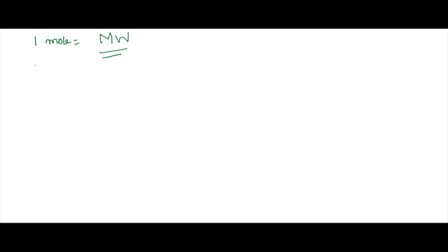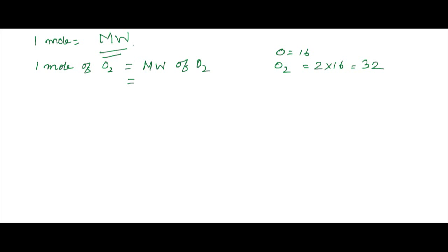Suppose it is said 1 mole of O2. It means the molecular weight of O2, just simple. What is the atomic weight of oxygen? So O2 will be 2 into 16, that is 32.